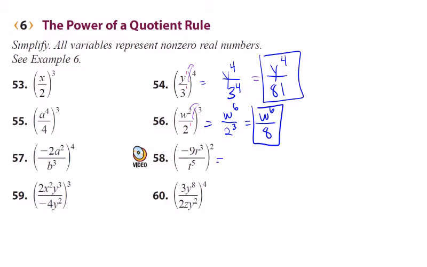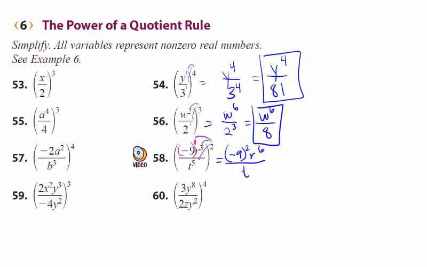All right, continuing on. So this negative 9, I'm going to think of it in parentheses because I want to make sure I include the negative there when I deal with the exponent. So there's an invisible 1 there. And then t to the 5th on the bottom, that's fine. So I'm going to distribute, right, to all the inside exponents. So I have negative 9 to the 2nd power. 1 times 2 is 2. r to the 6th power. 3 times 2 is 6.